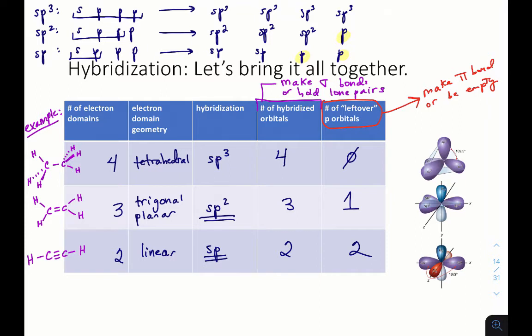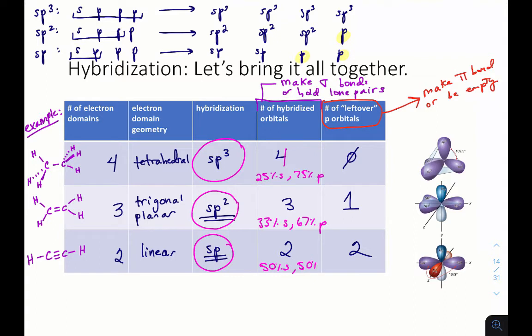Before we move on, just a quick note. sp3 hybridized orbitals, as I mentioned, are 25% s and 75% p. sp2 orbitals are 33% s and 67% p. sp orbitals are 50% s and 50% p. So we can say that the sp hybrid orbital has more s character, right?